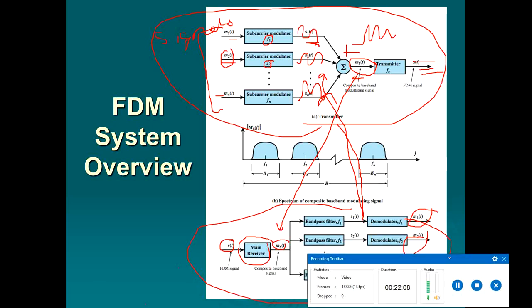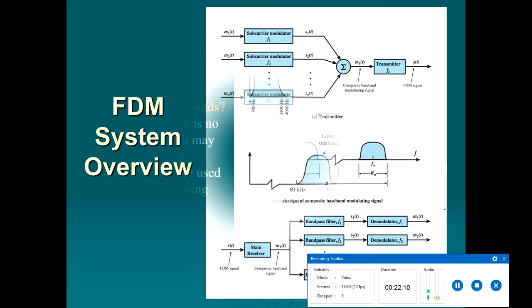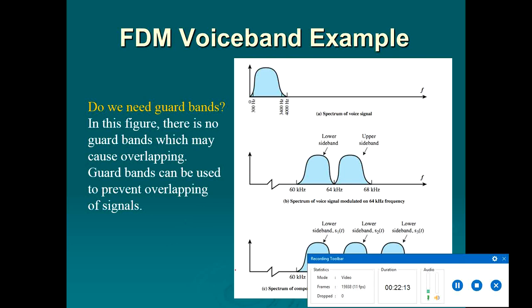So moving ahead. Alright, now let's talk about guard bands. Do we really need guard bands? In this figure, there are no guard bands, which may cause overlapping. Guard bands are actually used to prevent the overlapping of the signals.